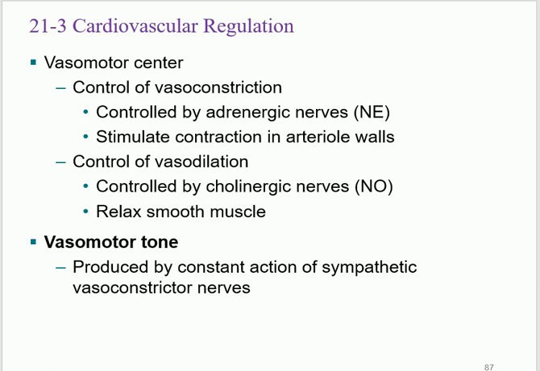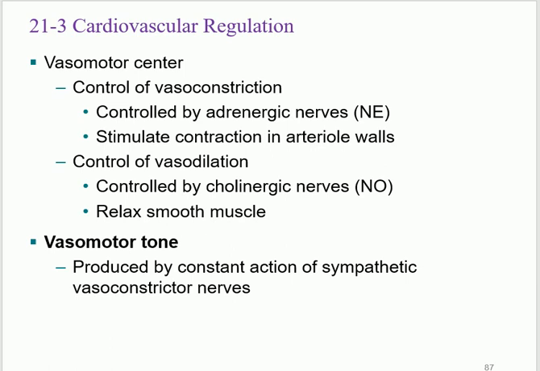Make sense? But is that the only thing that we can control through our nervous system? No, there is also vasoconstriction and vasodilation. Vasodilation decreases blood pressure, vasoconstriction increases it. All these factors control the blood pressure. So we do have vasomotor centers in the same spot, in the medulla as well, but they control something else.